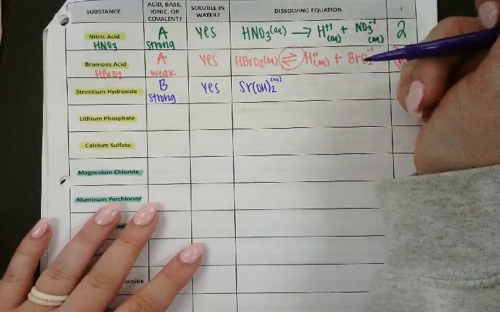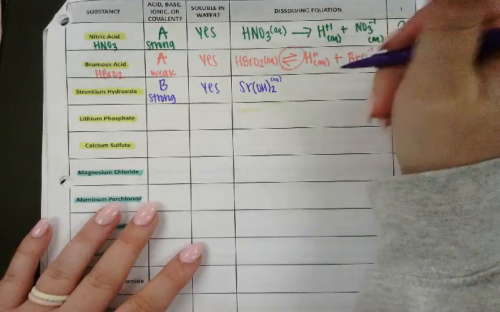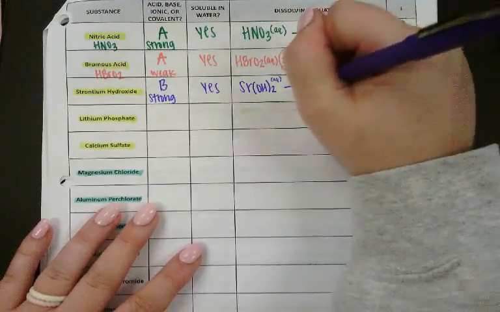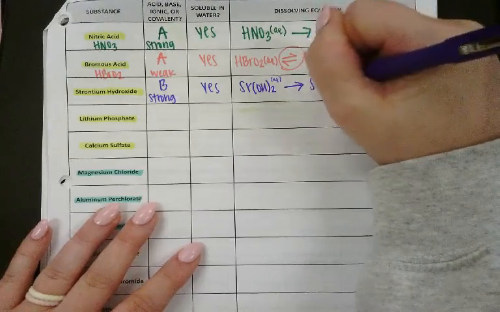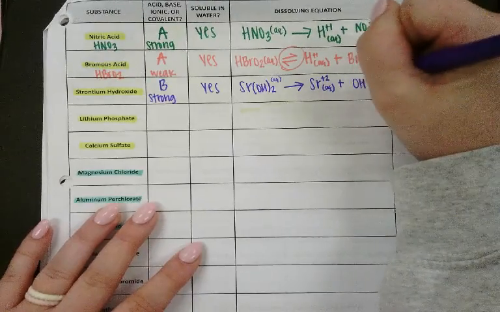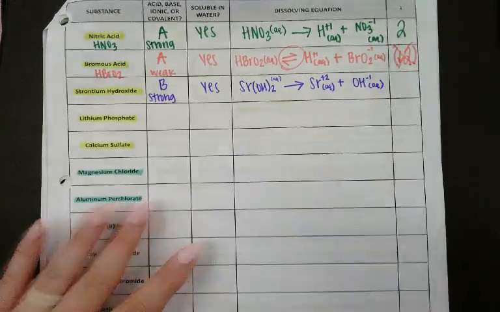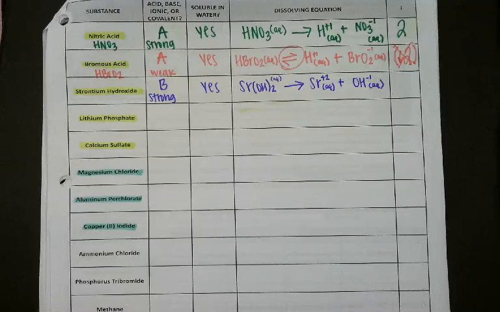Ashley, is this a one-way or two-way arrow? One-way. Okay, so this dissociates into Sr with a charge of positive 2, which is aqueous, plus OH, negative 1, aqueous. Shiloh, what is my i value? Where'd you get the 3 from?